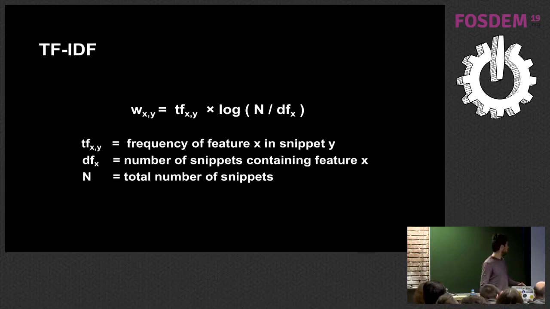And it basically is able to reject all rare features, so features that only appear maybe once or twice for only one file or one snippet. And it also is able to reject very common features, so features that would appear, I don't know, 10 million times or something like that, so things that are not very discriminative.